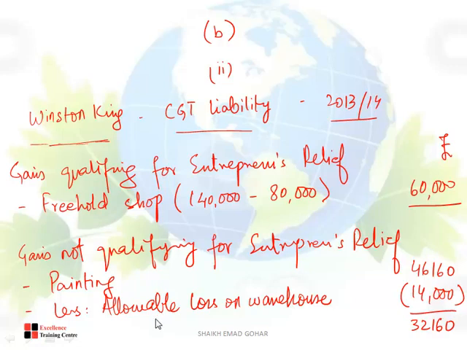This is called net gain. Gains less losses is called net gain, like net profit, sales minus expenses, revenue minus expenses is net profit. Similarly, gains minus losses are net gain. And if there are less gains as compared to losses, so you will say net loss.